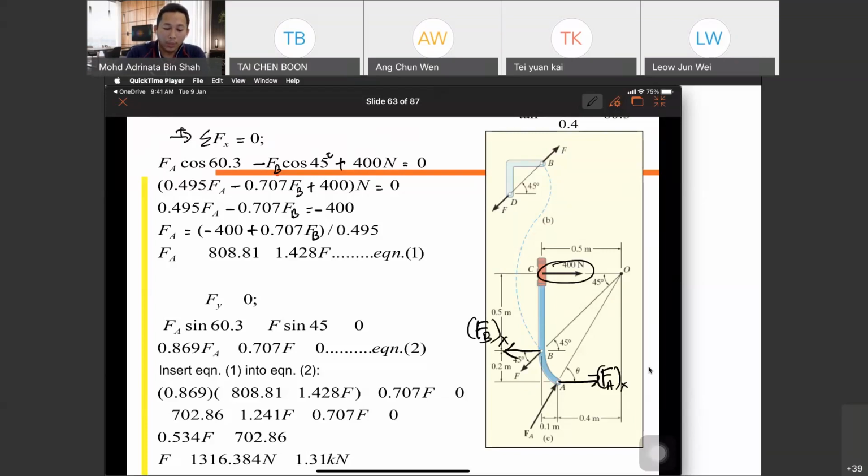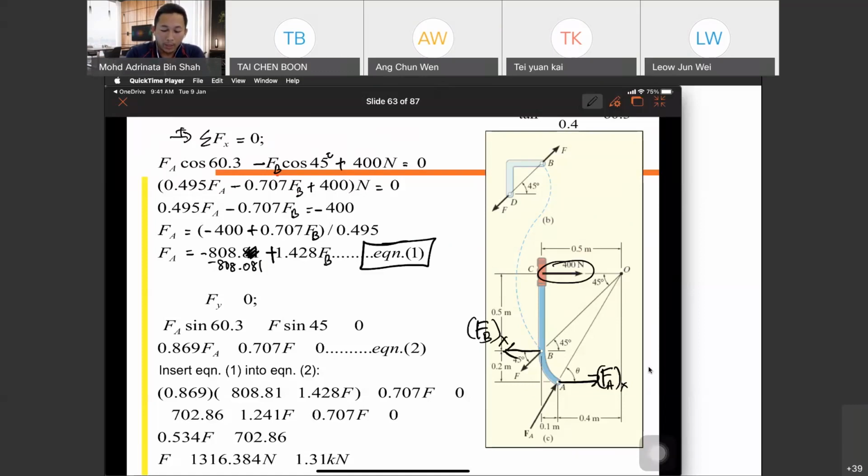So we have FA equals to negative 808.081 plus 1.428 FB. So this is equation number 1.